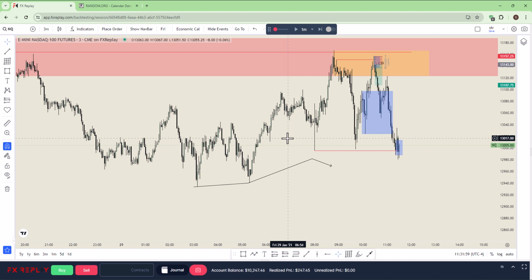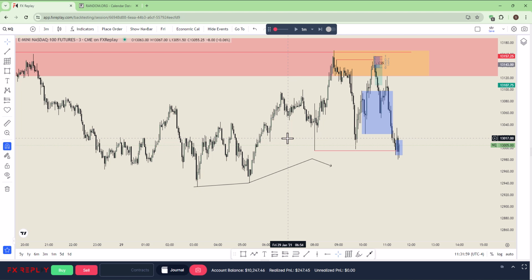I try to find something that supports that pattern on the lower time frame, and believe me, you will always find something. If you found a bearish pattern on the lower time frame, you will always find a bearish sign on the higher time frame, and you will always find a bullish sign if you found something bullish on the lower time frame.